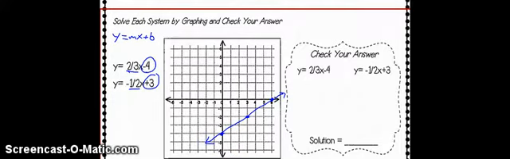Let's do the second line. This one, plus 3. That's the y-intercept. It's right on the y-axis. And our slope's a negative slope. It's going down 1 over 2. Down 1 over 2. Down 1 over 2. Looks like if we do it one more time, these two lines are going to actually intersect.